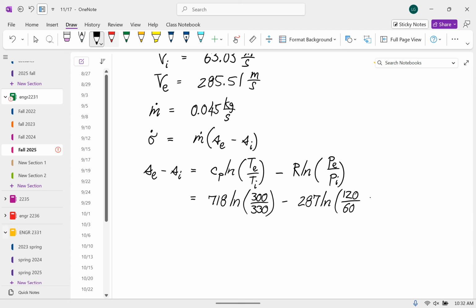120 over 600, and so we get 393.48. This is joules per kilogram Kelvin.